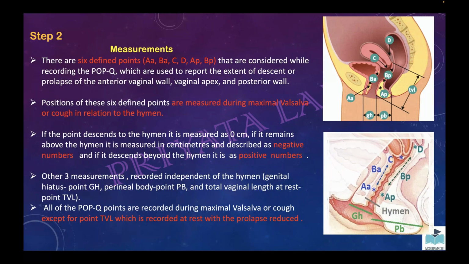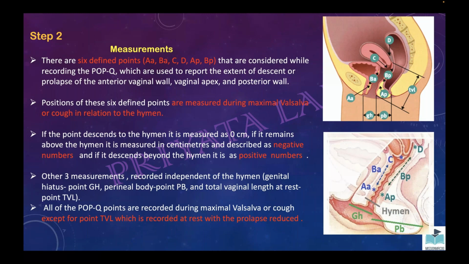So the hymen is the landmark. If it is inside the vagina, it is negative; outside the vagina, it is positive. It is basically very simple. Even looking at that grid, you'll be able to do it well.